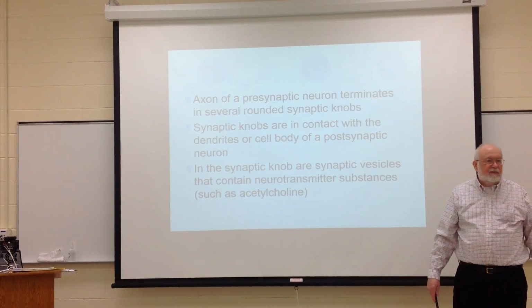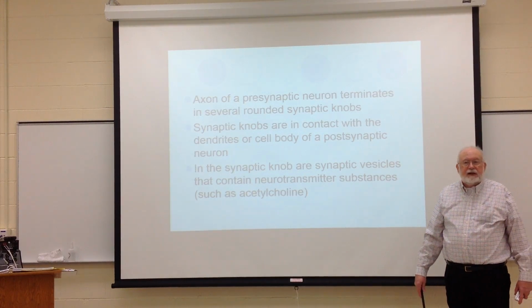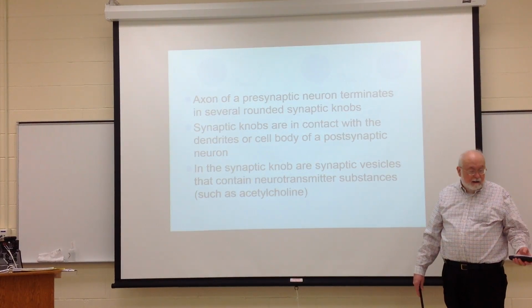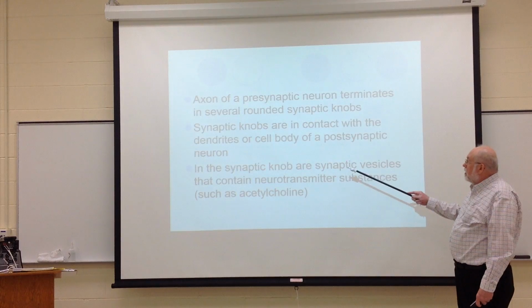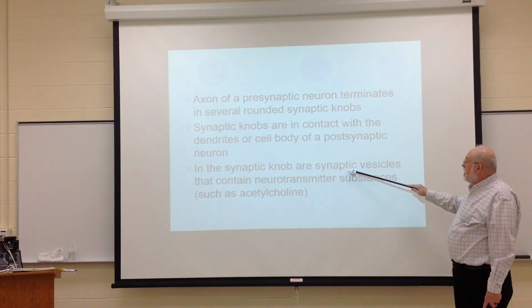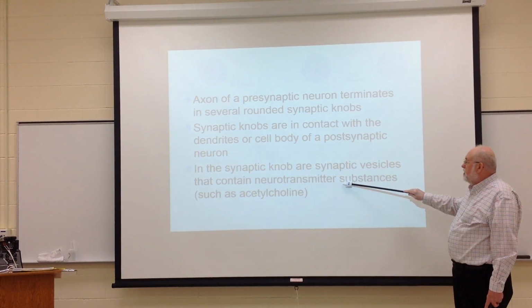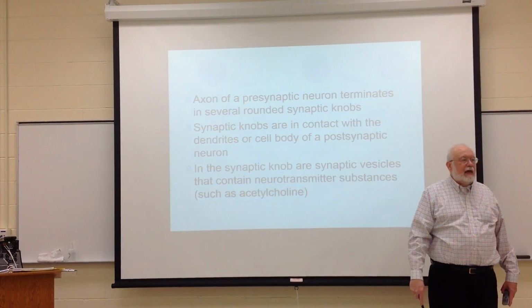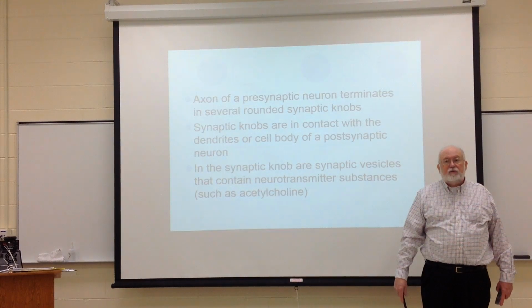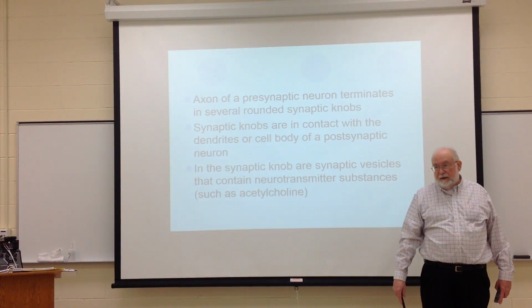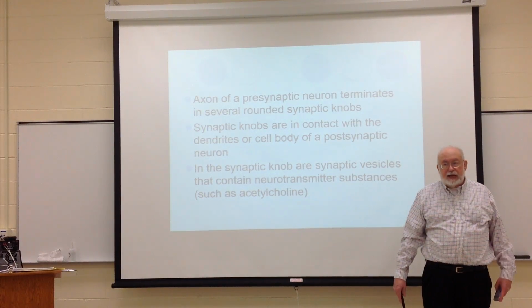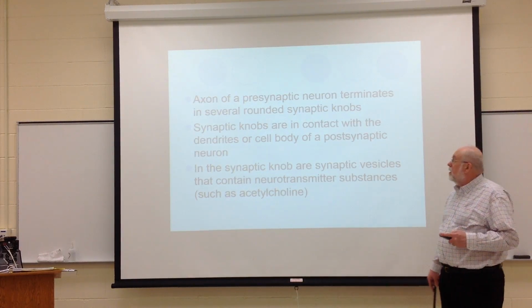Remember the model we had the other day that showed all those synaptic knobs connected to the dendrites of the cell body of the neuron model. In the synaptic knob are the synaptic vesicles that contain neurotransmitter substances like acetylcholine, which is an excitatory type of transmitter. It stimulates the production of an action potential in the next neuron.